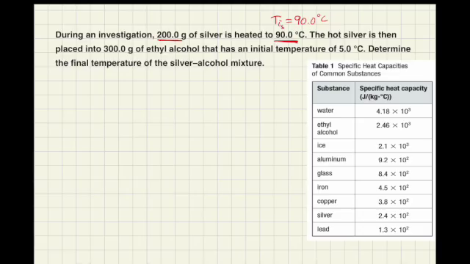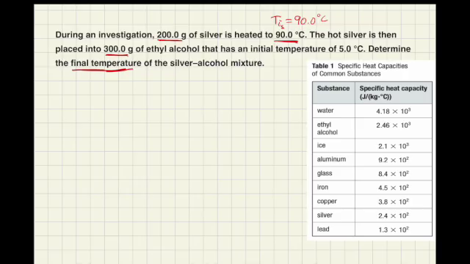The hot silver is then placed into 300 grams of ethyl alcohol that has an initial temperature of 5 degrees Celsius. And what we need to do is determine the final temperature of the silver alcohol mixture. Something very important to understand about these questions is that the final temperature of this investigation is going to be the same for both the silver and the alcohol.